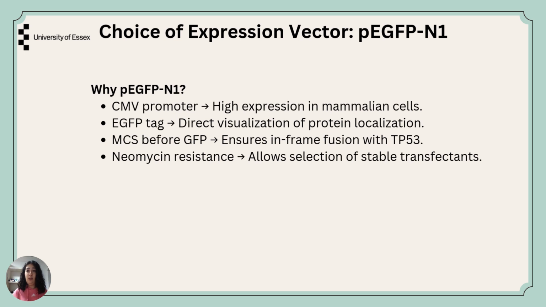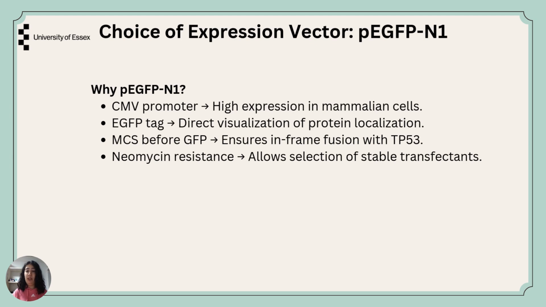So, to study TP53 localization, I selected pEGFP-N1, a mammalian expression vector with key advantages. One of them is the CMV promoter, which ensures strong gene expression in mammalian cells. And also the EGFP tag allows direct visualization of TP53 localization.